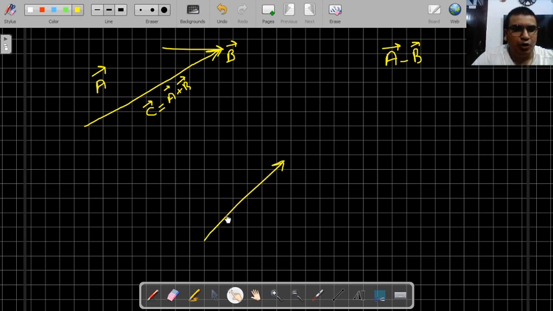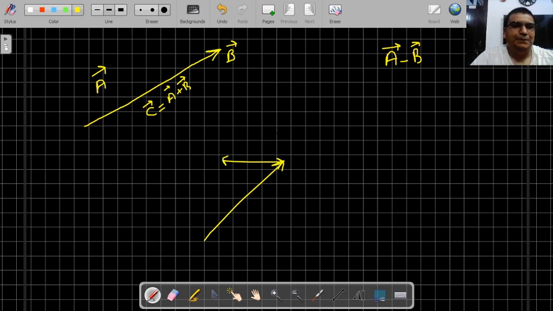As you see, we are not changing the slope of the vector. We are not changing the length of the vector. We are using the same vector. So there is vector A, and now we are reciprocating the direction. Now this is our vector B here. There is the head.